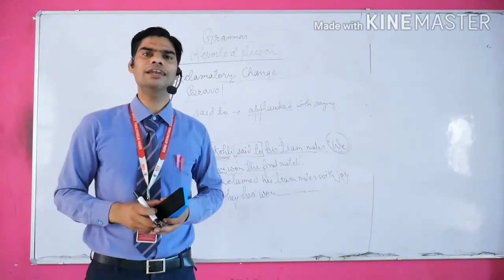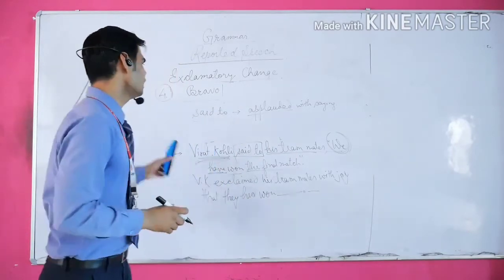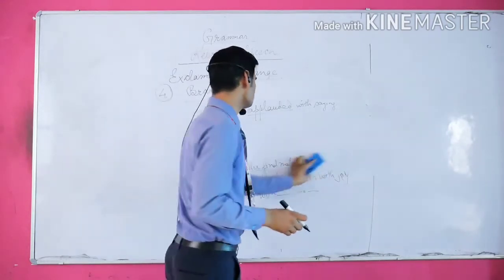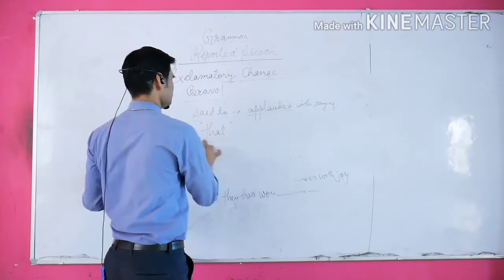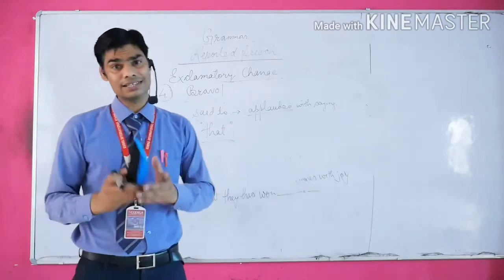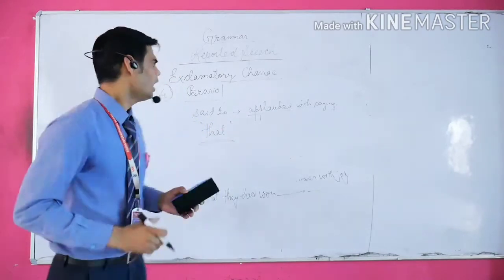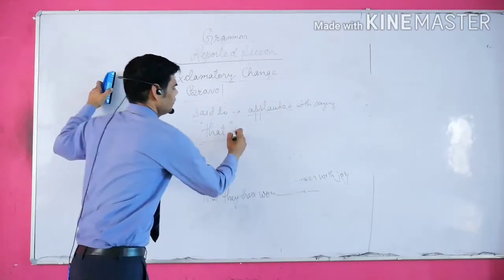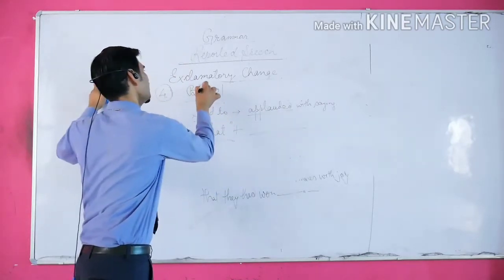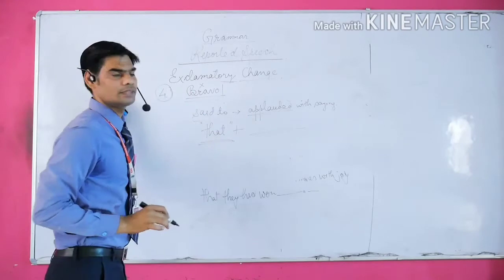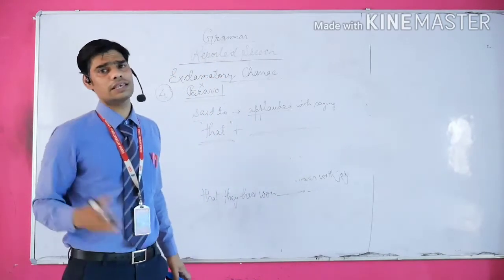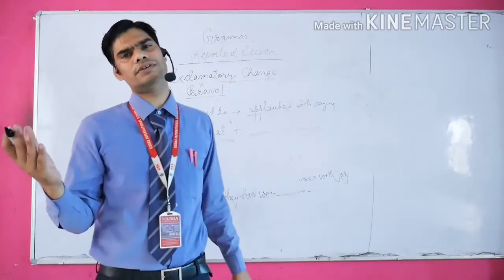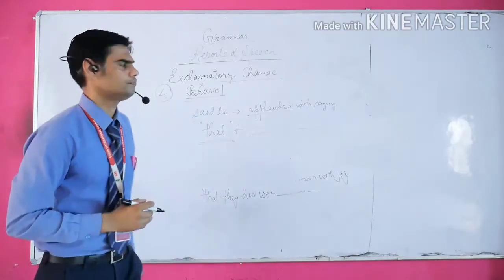In this manner we can use it. And the connective word, as usual, is always "that" in all exclamatory sentences. Now we will talk about the remaining part. "Bravo" should be removed, and the rest changes: pronoun change, tense change, time and distance change, and many other changes as usual.